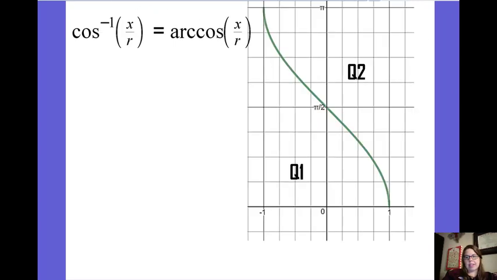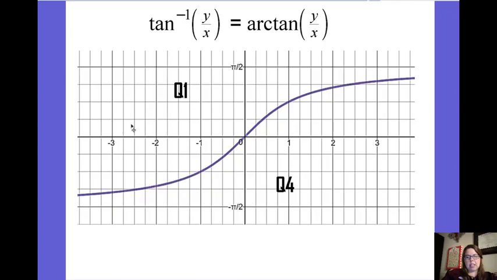And then if we look at tangent, tangent was going up and down, and now it's going to the right and to the left. So its domain is negative infinity to positive infinity now, and its range is negative pi over 2 to positive pi over 2. And so that's quadrant 4 and quadrant 1. So negative 90 to 0, that's quadrant 4, and 0 to pi over 2 or 0 to 90 would be quadrant 1.